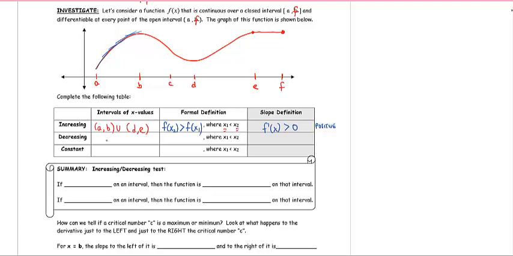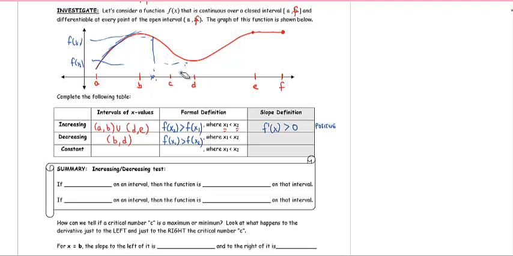Can you now do the same thing for decreasing here? Which interval is it decreasing? Yep, from b to d. Notice in this case now, if I were to compare an x1 with an x sub 2 and the corresponding y values, this time f of x sub 1 tends to be bigger than f of x sub 2.